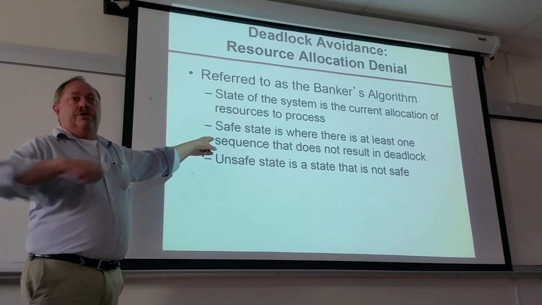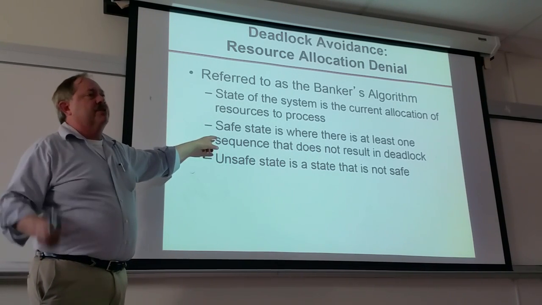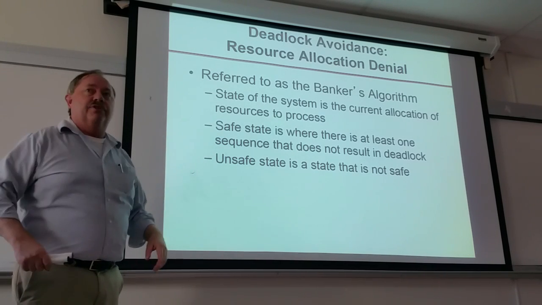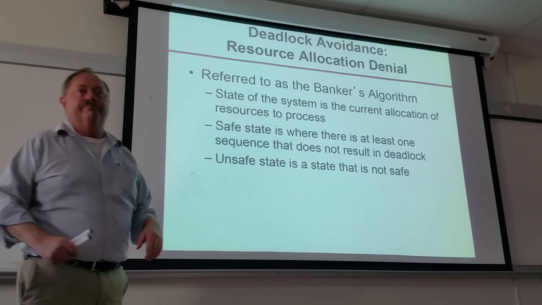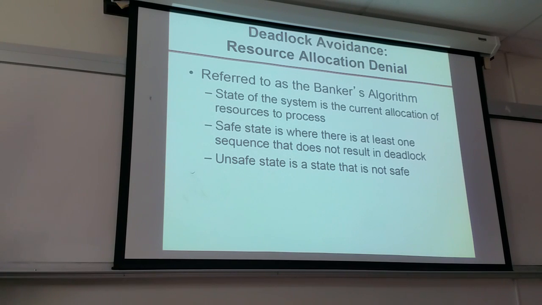I will send it to the end, usually to the end, but sometimes operating systems will put it in the middle of the ready queue and come back after some processes have run and released. So the safety algorithm is looking for at least one path. There may be more, but it's looking for at least one path in which a process can run to completion before it declares the state safe, and the algorithm allows this process to be granted its request for this resource.